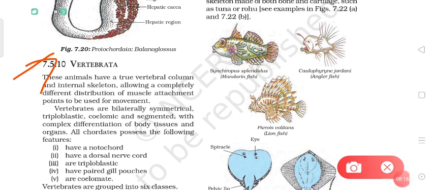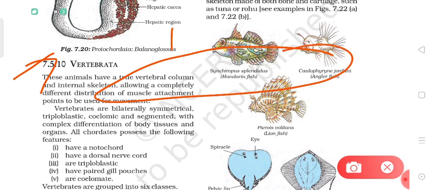What are basically chordates? Chordates have a specific rod-like structure in their body towards the dorsal side, called the notochord. Suppose this is an animal, and this will be the dorsal side, the upper side. Suppose these are the eyes, this is the mouth. The upper side is the dorsal side, the lower side is the ventral side.